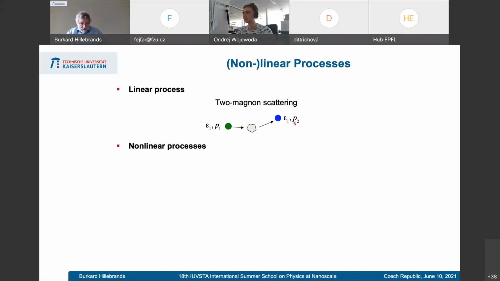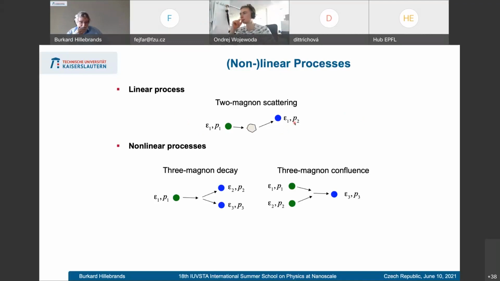Nonlinear processes. Of course, the most simple effect you could think about is a 3 magnon scattering effect. And we can think about 2 of these effects because you can always think in terms of time, and the time arrow can be forward or backward. So what can happen is that one magnon, this green magnon, decays into 2 other magnons. Energy and momentum need to be conserved.